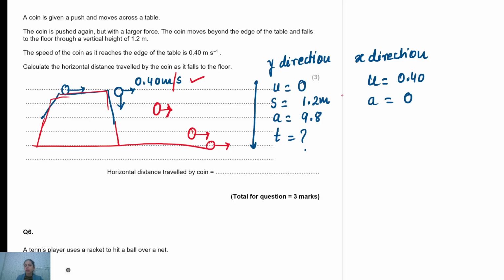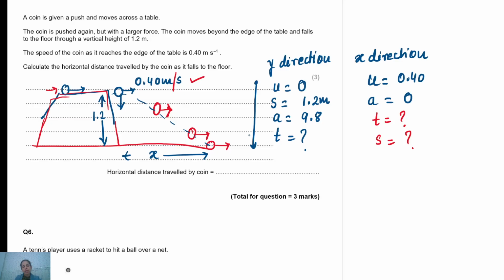Then we don't know how much time it takes, and we don't know how much distance it travels. So I'm going to show you. This is the distance it travels in the x direction, and it has come down by 1.2 meters. So it ended up covering both 1.2 and x in the same time.